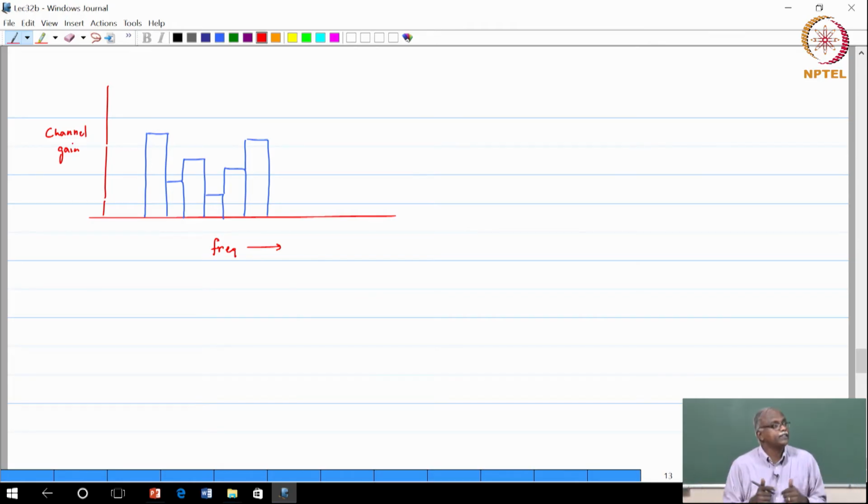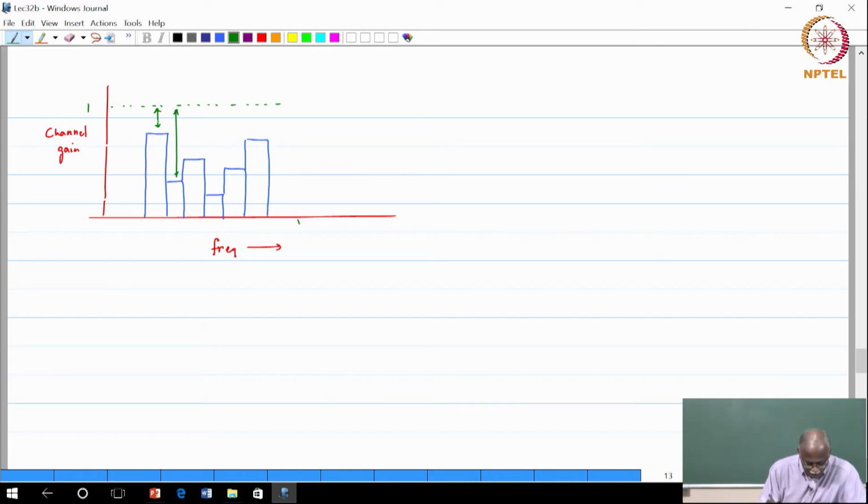How do I do equalization for an OFDM or this multi-carrier type of signal? Very easy. We pick some reference point, and whatever is the distance between that, you just boost that subchannel up. Typically the reference line is taken as 1.